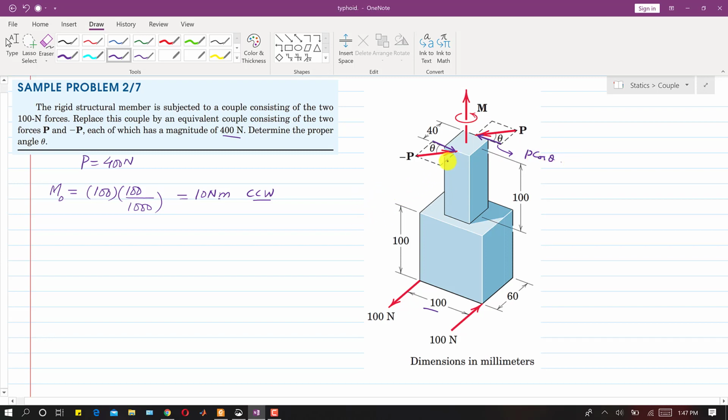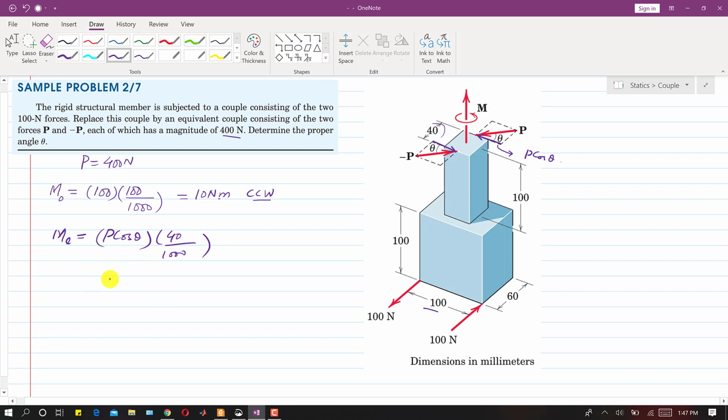If we write the moment of this equivalent P, this will be P cos theta into the perpendicular distance between these two components. The perpendicular distance is 40, so I write 40 divided by 1000. So this will be the equivalent moment.